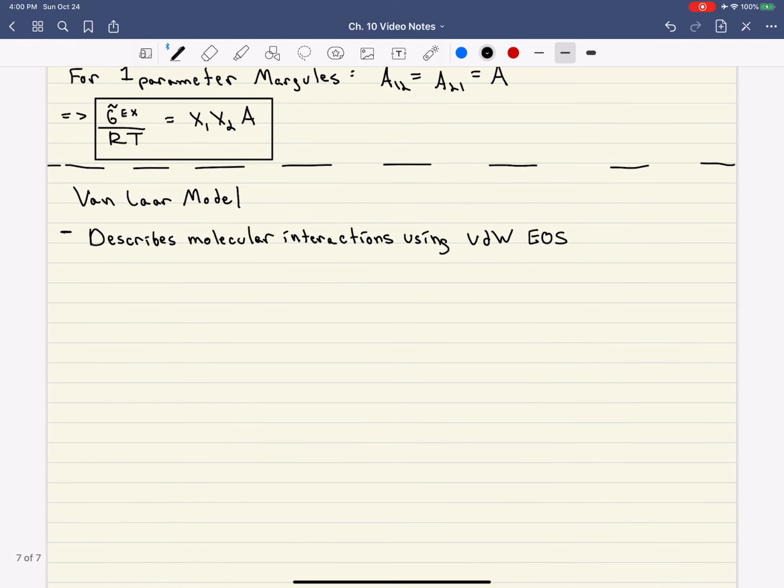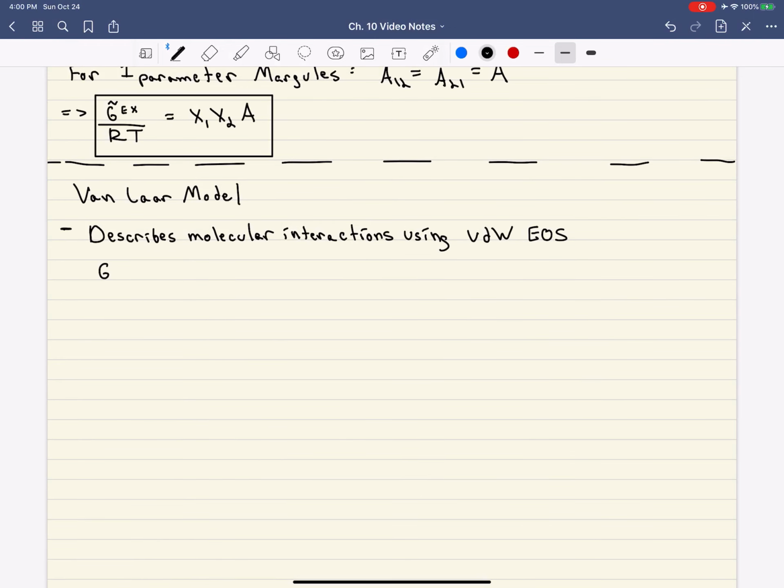In any case, for the Van Laar model, it is a bit more complicated than the Margules equations. And so it has this form, where I'm using these primes to show that these are different from the Margules equations.